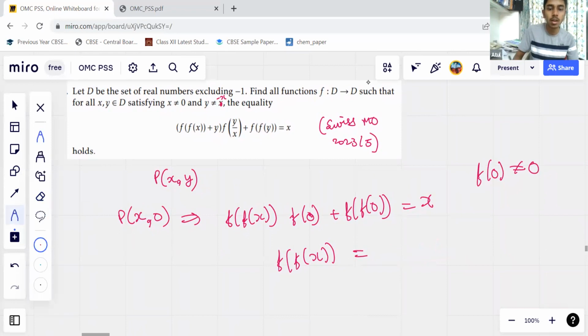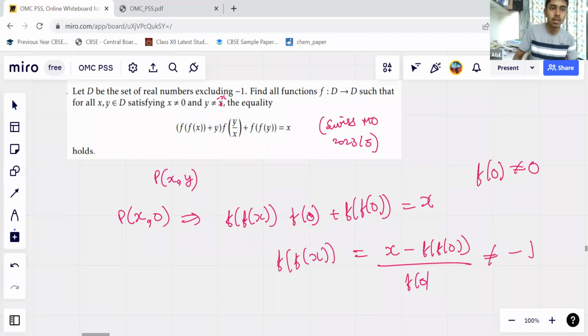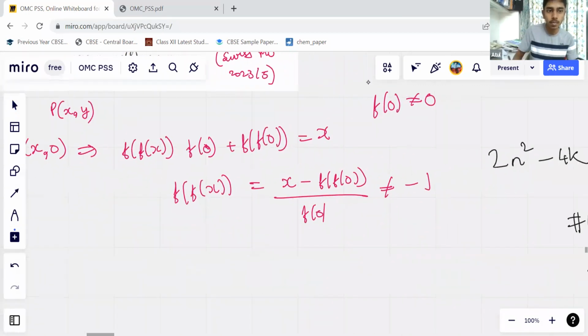Okay, maybe I'll actually add in the constants, because we know it should not take the value -1. So the only possibility is if that linear thing takes the value -1 at x equals -1. This is x minus f of 0 by f of 0, and we know that this must not equal -1.